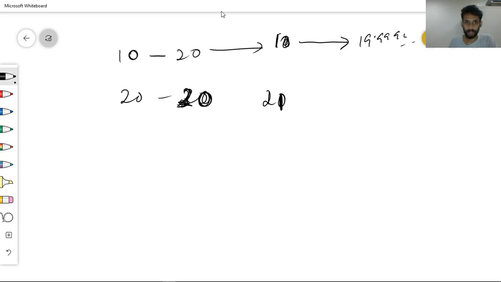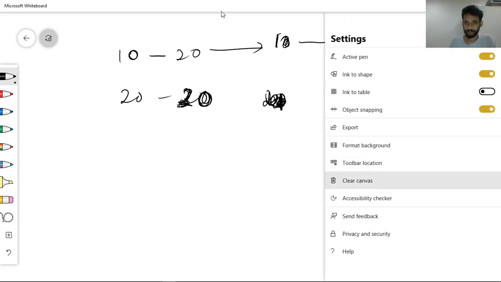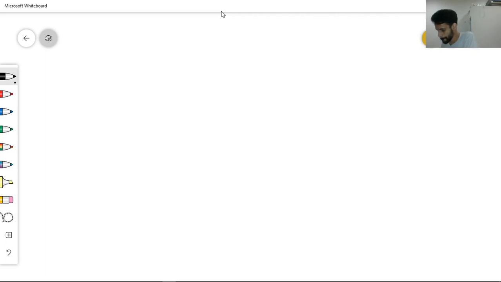Yes, this is correct only, 20, then 20 to 30.